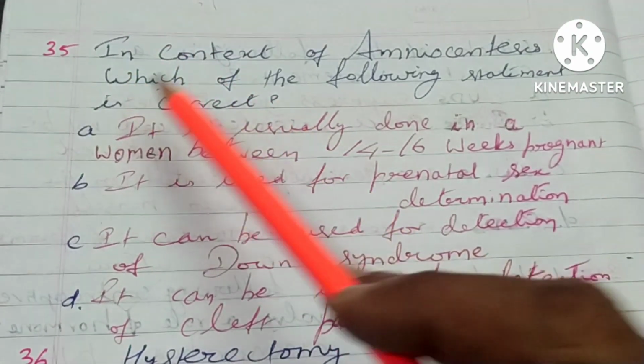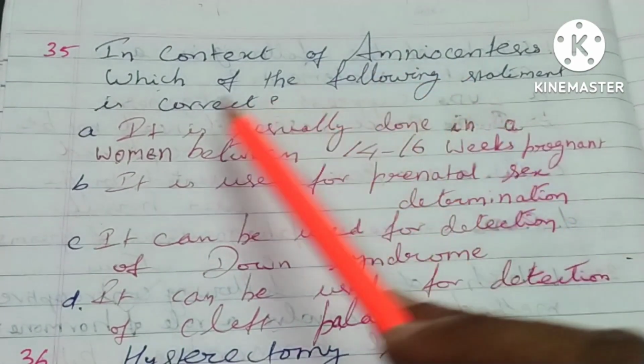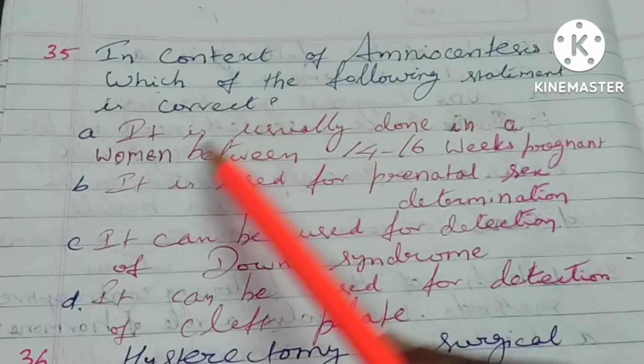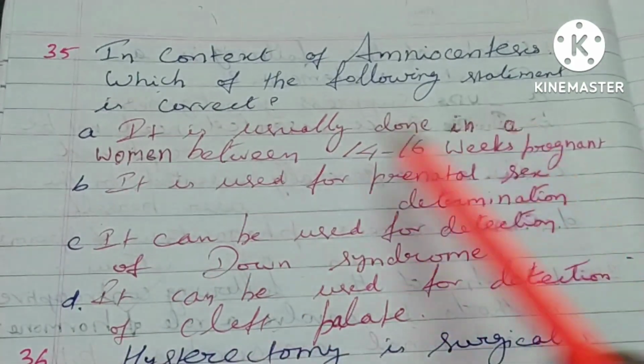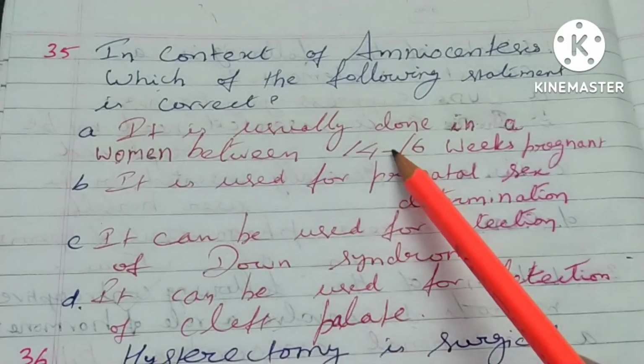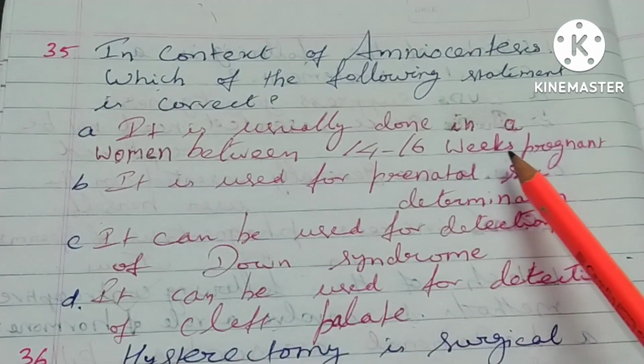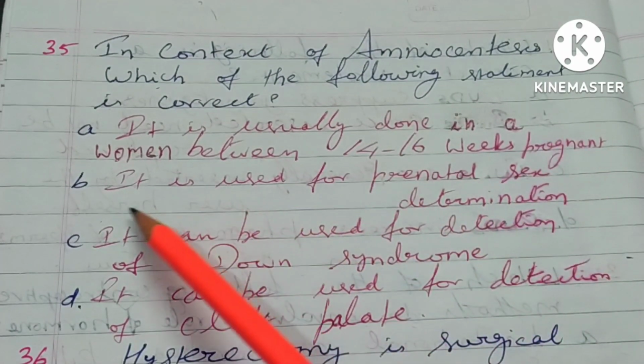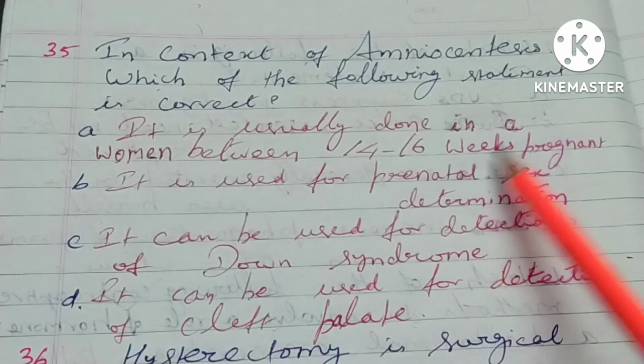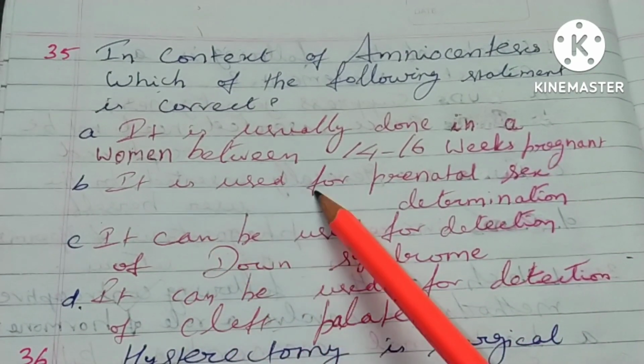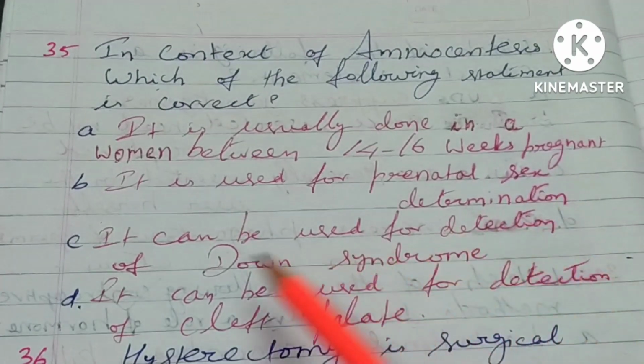Here's question number 35. In context of amniocentesis, which of the following statements is correct? Option A: It is usually done in a woman between 14 to 16 weeks of pregnancy. Option B: It is used for prenatal sex determination.